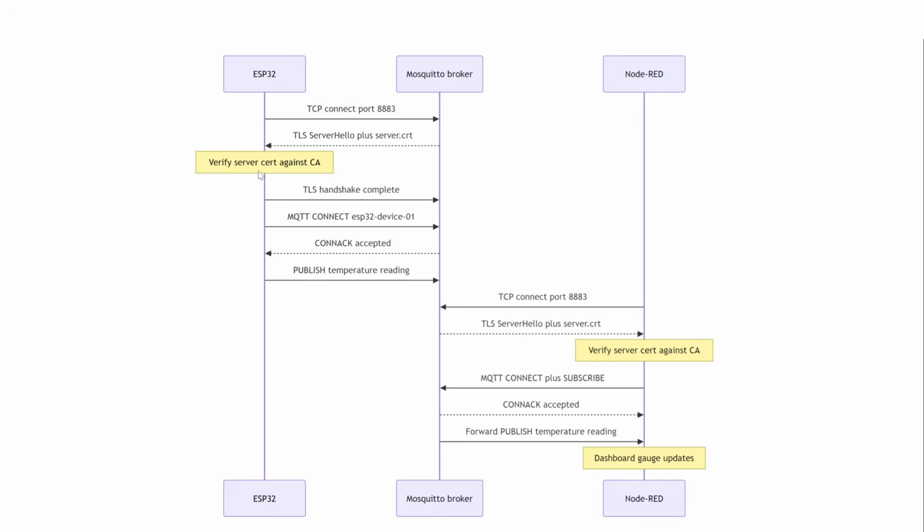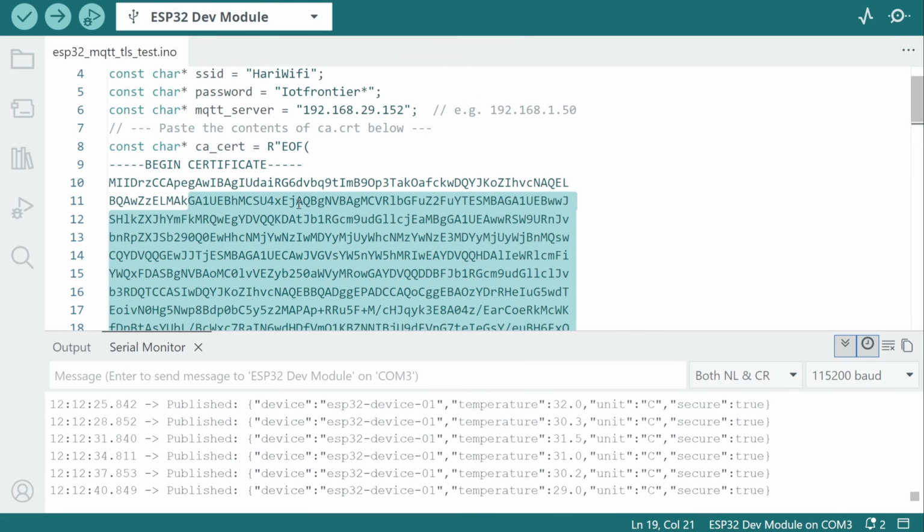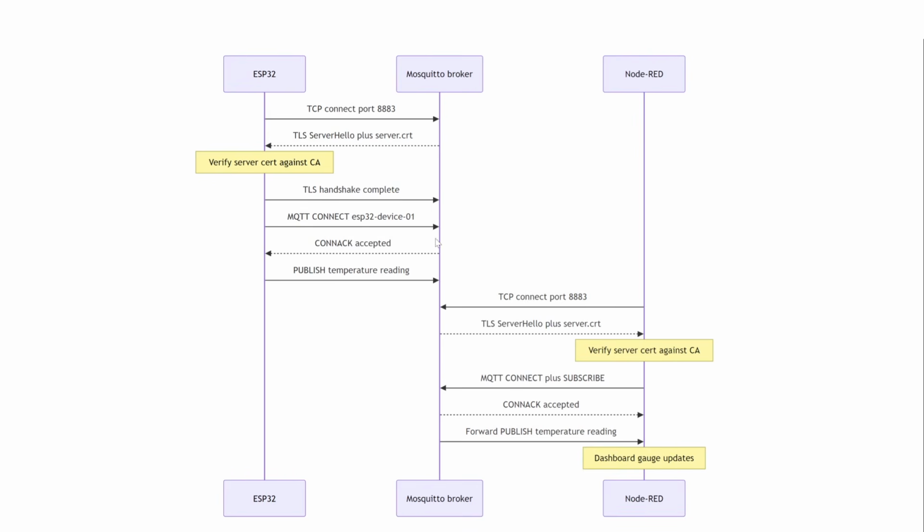We have pasted that CA certificate in this code, and using it the ESP32 checks whether the server certificate is valid or not. Based on that the TLS handshake is completed, our MQTT client will be connected to the broker, the connection will be established, and we publish temperature readings every time.